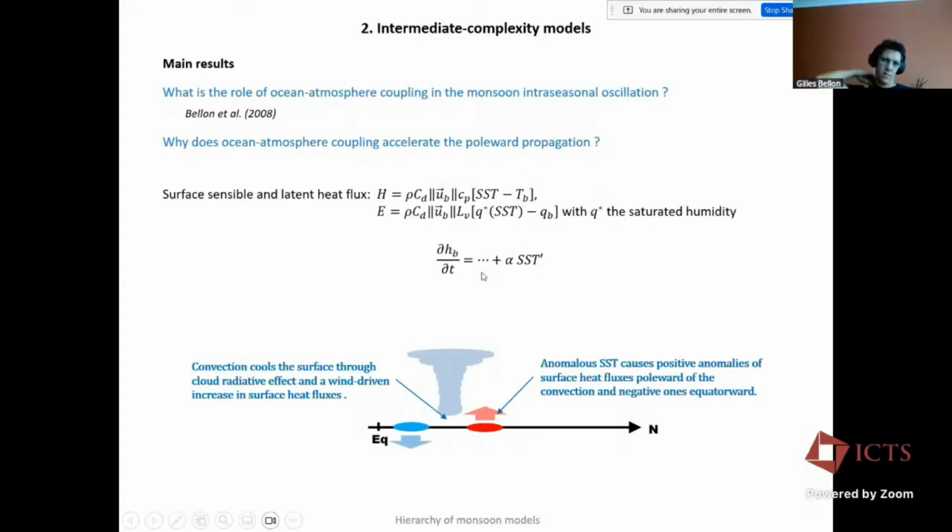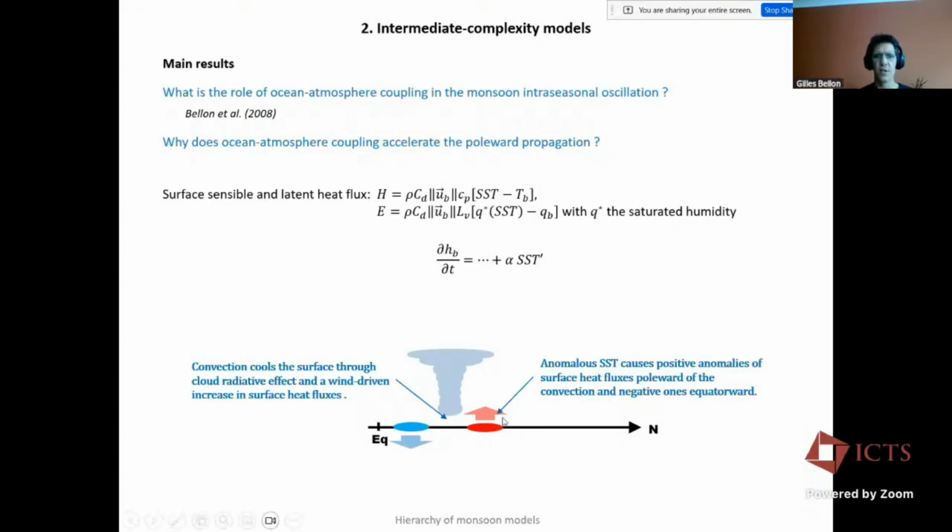And so if you look at the tendency of moist static energy in the boundary layer that I write HB here, there will be a term due to the surface heat fluxes that's proportional to the perturbation of, sorry, the perturbation of sea surface temperature, if you just linearize it.